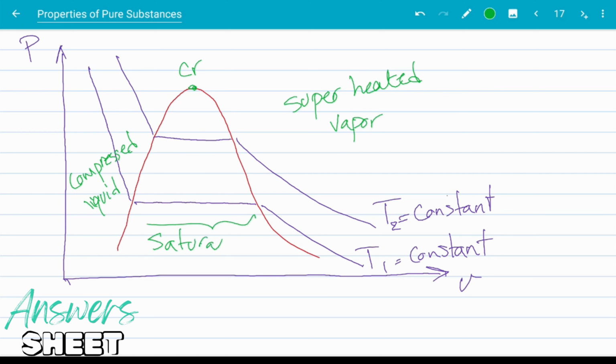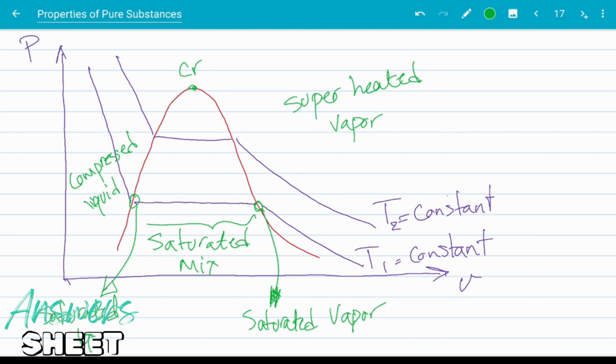This area is saturated mixture. Any point on this side of the dome line is saturated vapor. And anything on this line is saturated liquid. This is a PV property diagram.